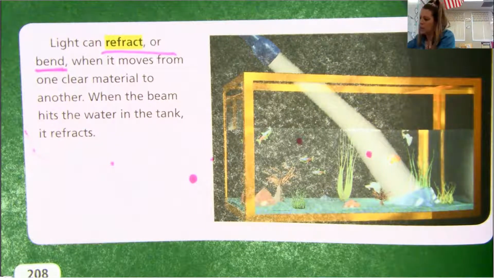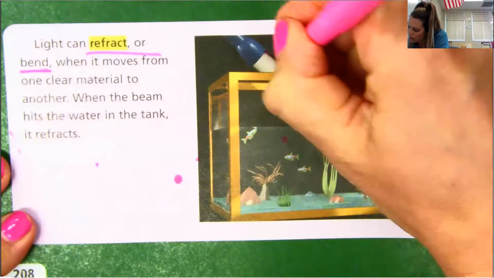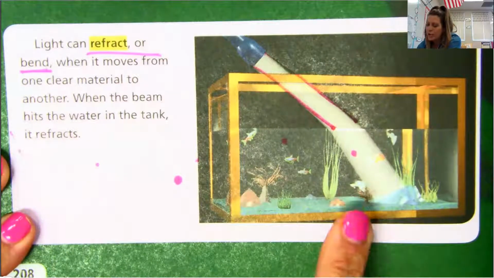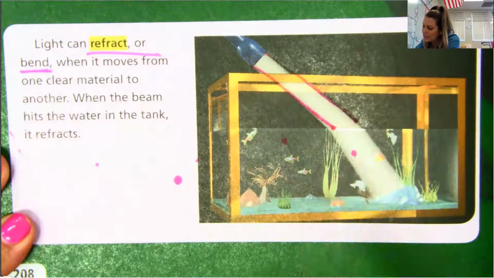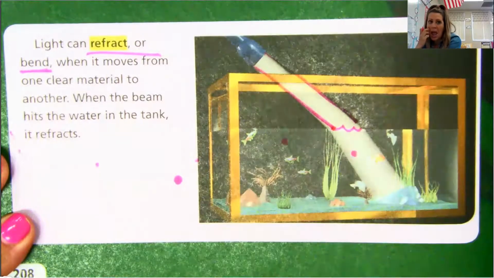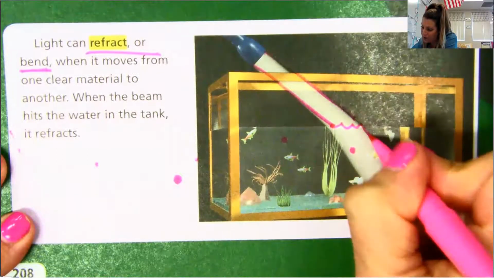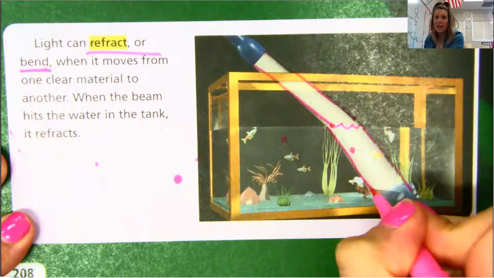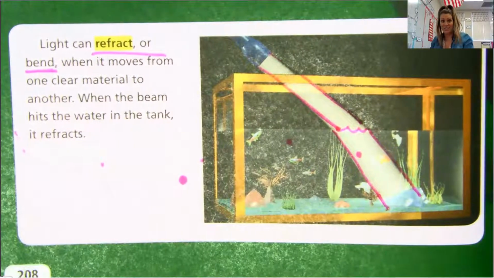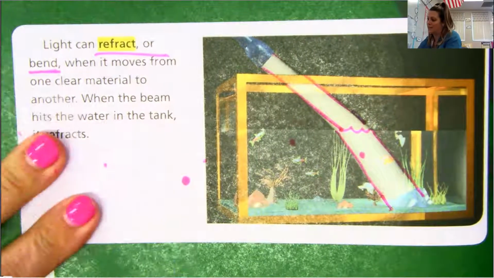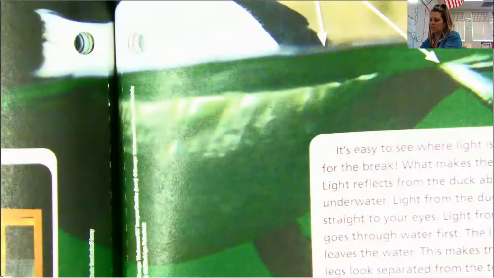They're kind of slanting it, but it's still a straight line, right? But then when you notice it hit that water, it actually bends. Look at it. See how it goes down? It bends. That's interesting. So that's what refract means. It means to bend.